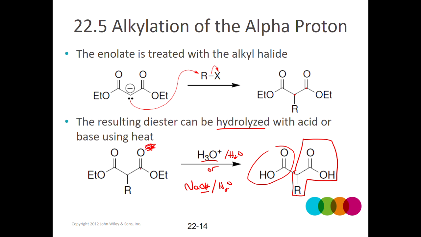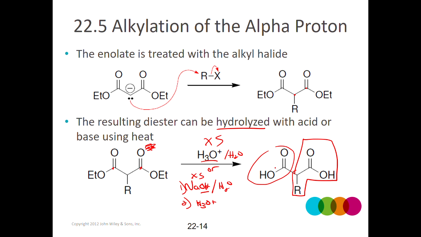The OH minus would directly attack, push electrons up, they'd swing back down, push out the ethoxide group. Then the ethoxide would pick off the proton from the OH that's here. So you wouldn't actually get a carboxylic acid. So if you did this, you would need some H3O plus in the second step anyway. So either of those, you'd want to use excess, because you have to do the reaction on two different esters to convert them both into carboxylic acids.